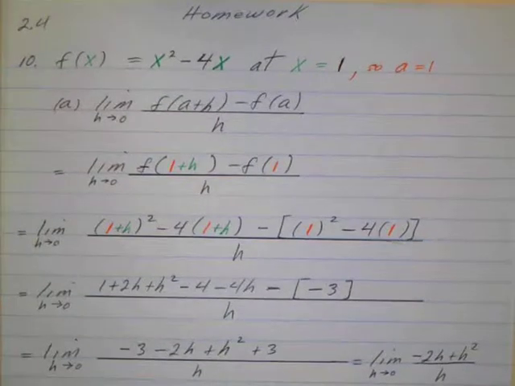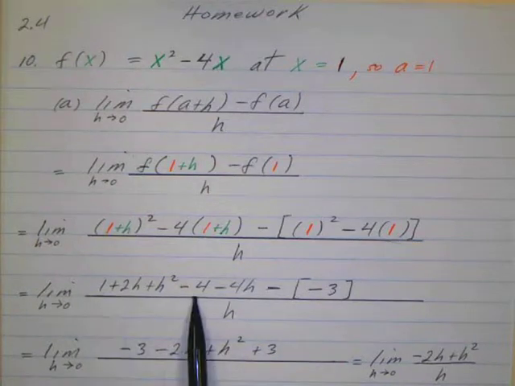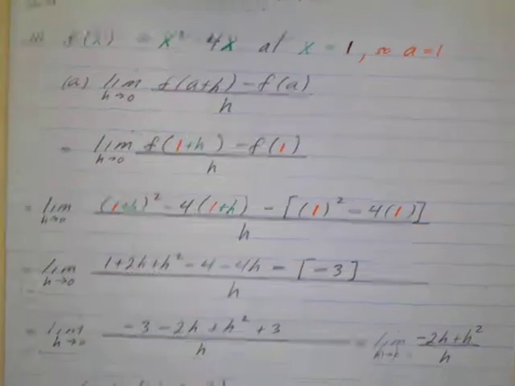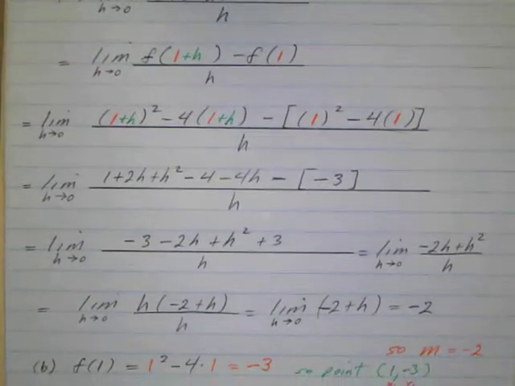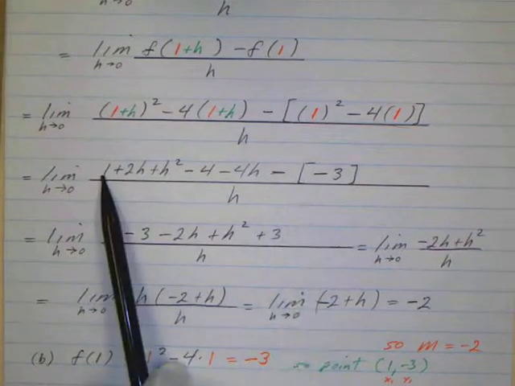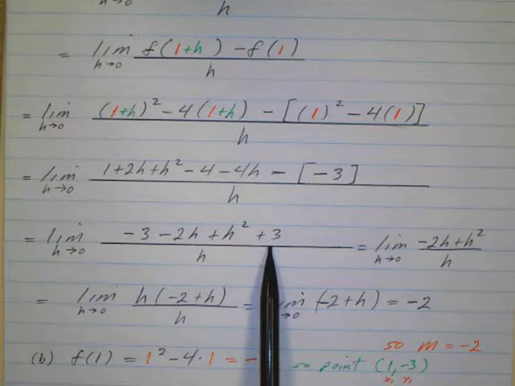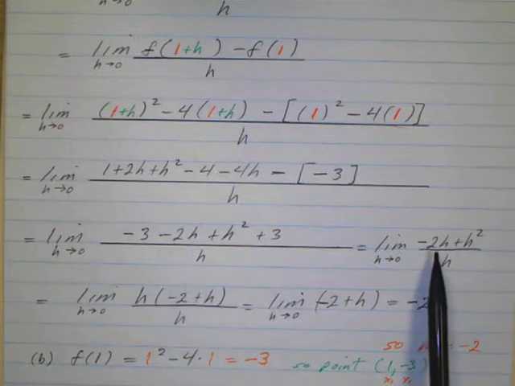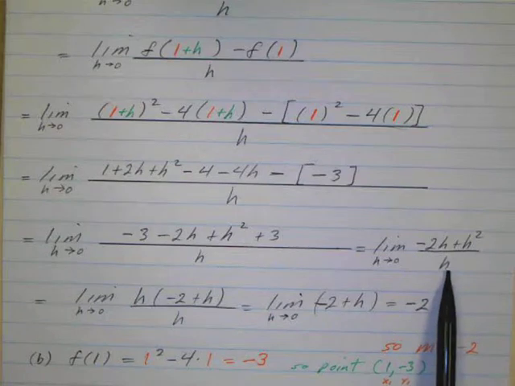Okay? Now we can simplify this. A negative times a negative is a positive, and then 1 and negative 4, I can combine those to be negative 3. All right? Okay, so again, a negative times a negative is a positive, and then 1 minus 4 is negative 3, and negative 3 plus 3 cancel, so I end up with just negative 2h plus h squared over h.